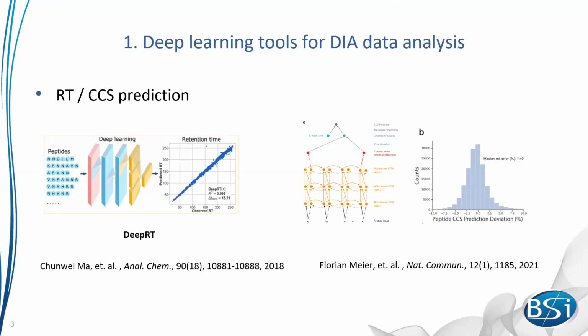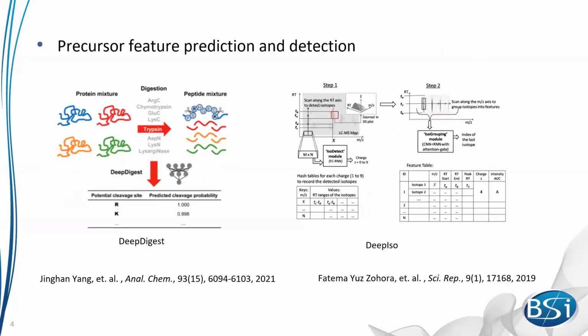Combining the retention time and the CCS value with the spectra fragment can significantly improve the identification. Also, the precursor feature prediction and detection has been improved by deep learning technology.